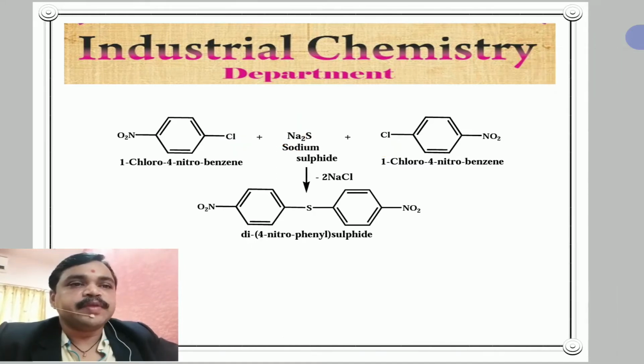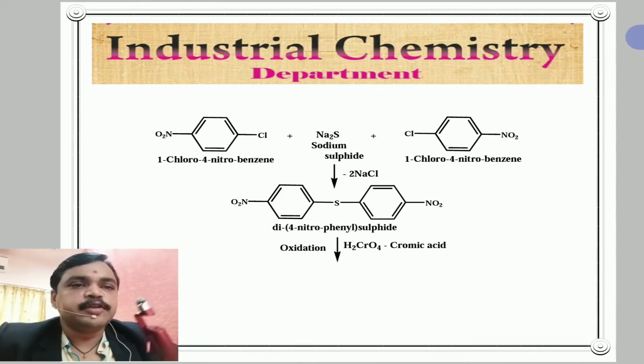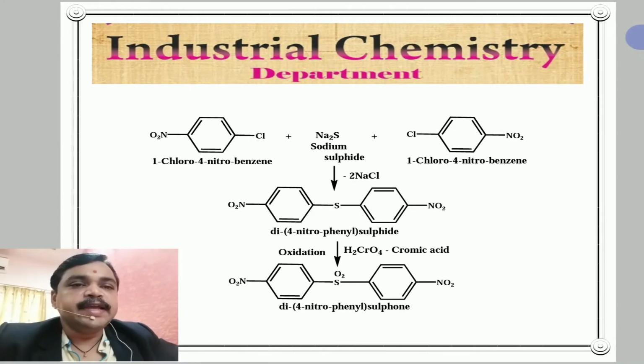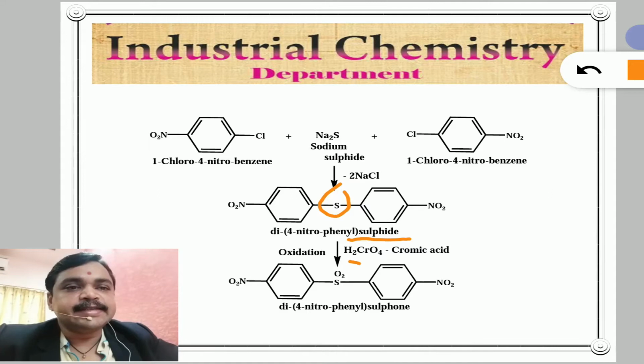After this it is treated with chromic acid, H2CrO4. An oxidation unit process takes place in the presence of chromic acid, and we get di-4-nitrophenyl sulfone. Note that in the second step there is sulfide, only S, but when we proceed with oxidation, it is converted into SO2 and it is sulfone.